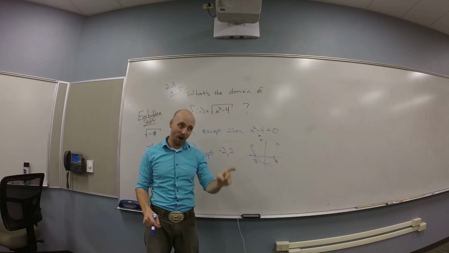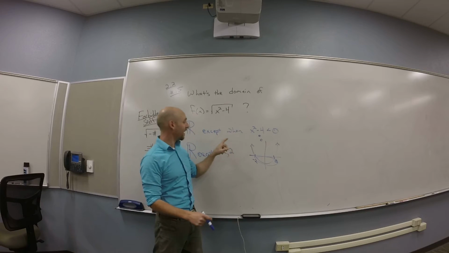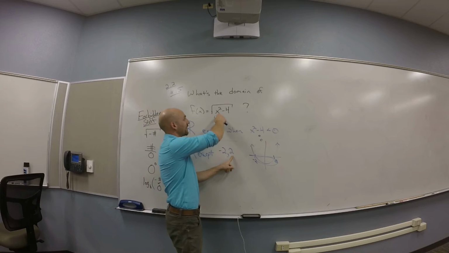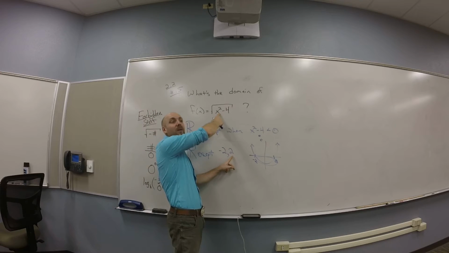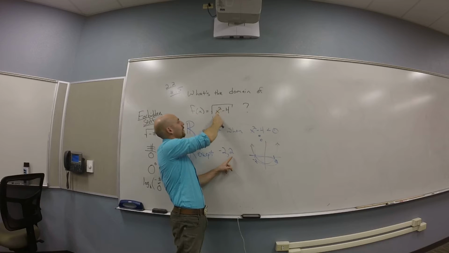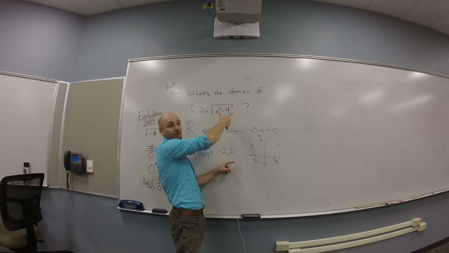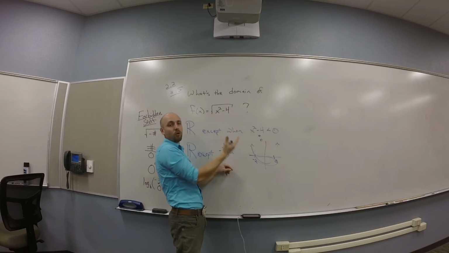But that's because when you put 2 into this thing, I just want to know, is 2 in the domain or not? So if I put 2 in here, 4 minus 4 is 0. What's the square root of 0? 0, right? So 2 works.